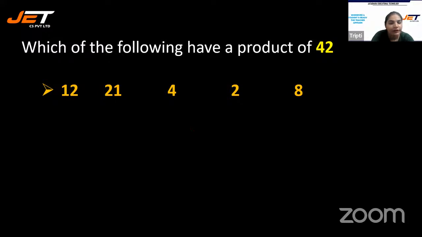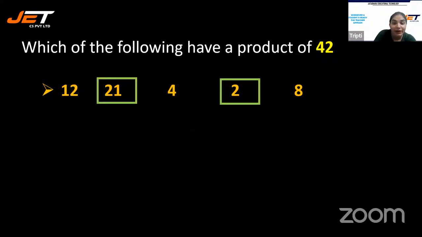Okay, so here we'll see which of the following have a product of 42. It's 21 and 2. 21 and 2 makes 42. Next one.